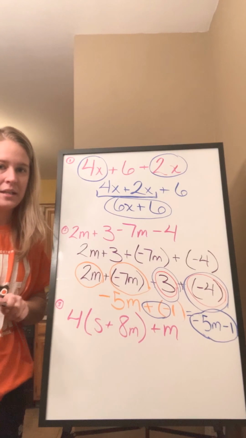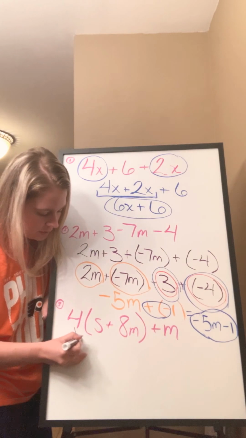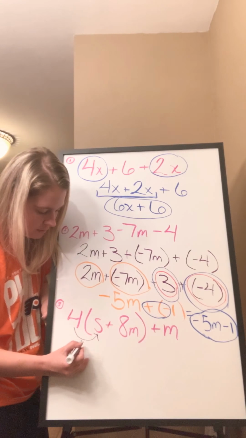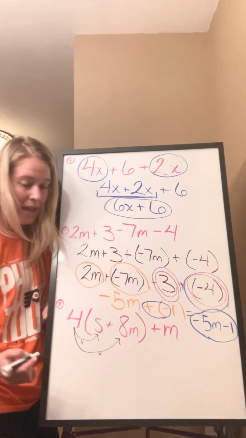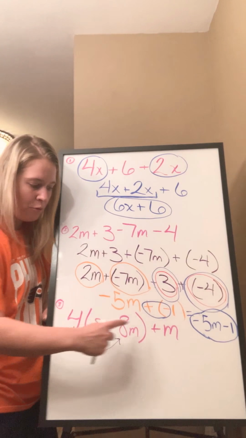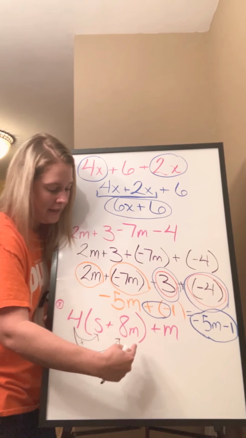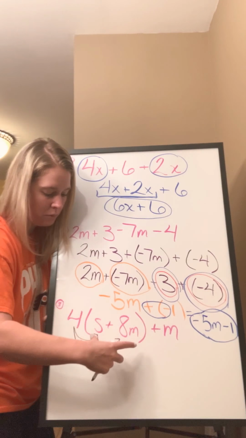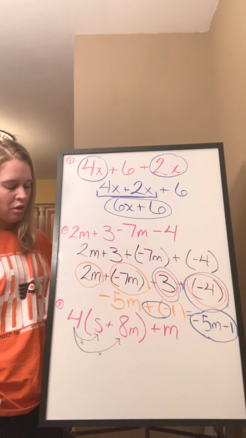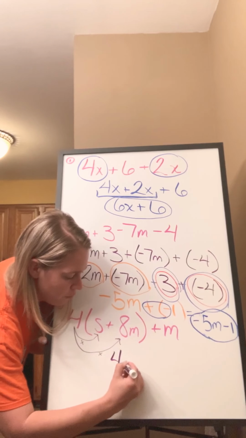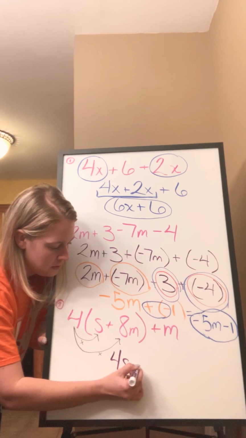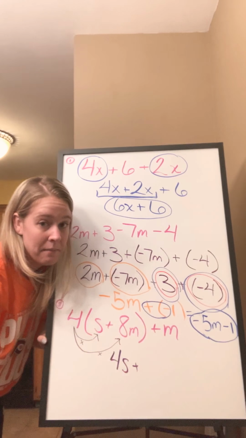I gotta distribute it amongst everything inside the parentheses. So that means I need to do 4 times s, multiply. 4 times 8m, multiply. Not 4 times m, though, that's no. It is not inside the parentheses, only what is in these parentheses. Okay, so I'm gonna rewrite that. 4 times s is just gonna be 4s plus 4 times 8m.